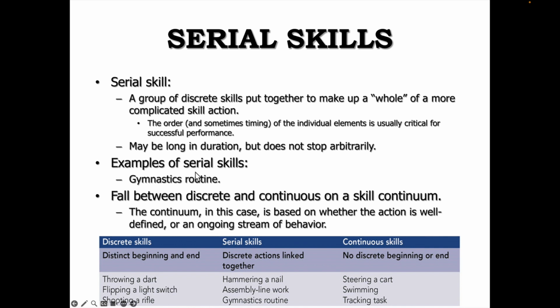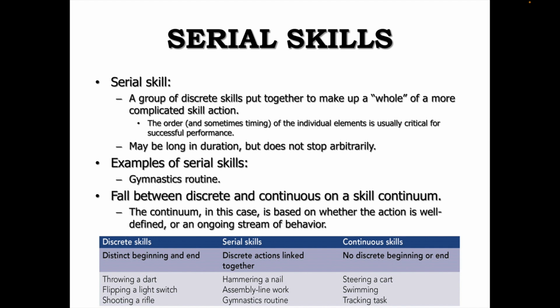A great example of a serial skill would be a gymnastics routine. For example, maybe you're on the floor and you want to do a tumbling pass. This tumbling pass consists of running, to a cartwheel, to a somersault, to a back handspring, and then you land it.